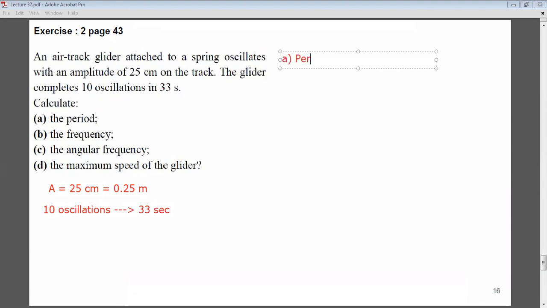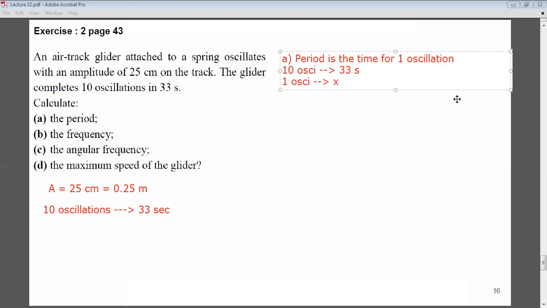I have to remember that the period is the time for one oscillation. So 10 oscillations take 33 seconds. One oscillation takes how much? 10 times x equals 33, which implies x equals 33 over 10, which is 3.3 seconds.